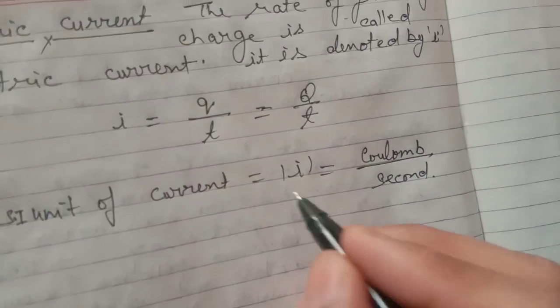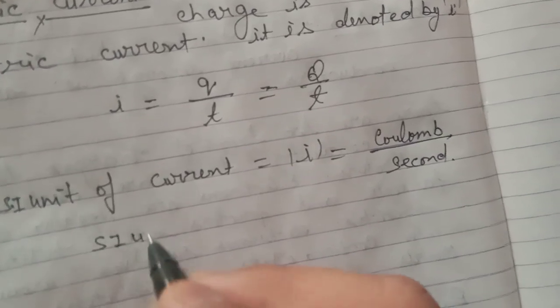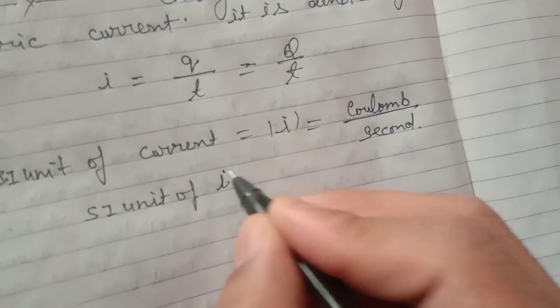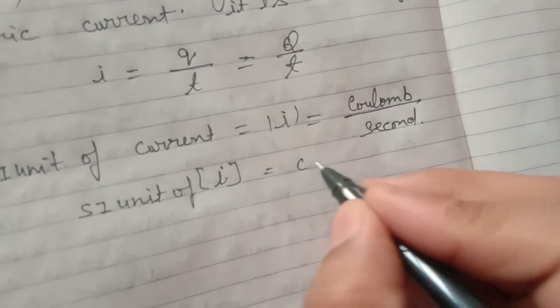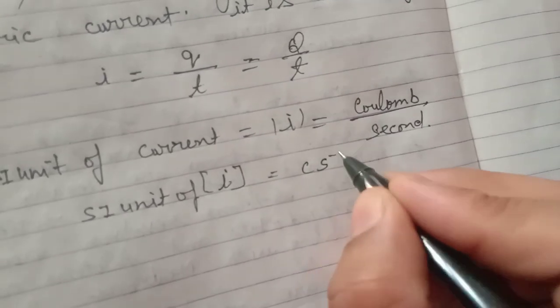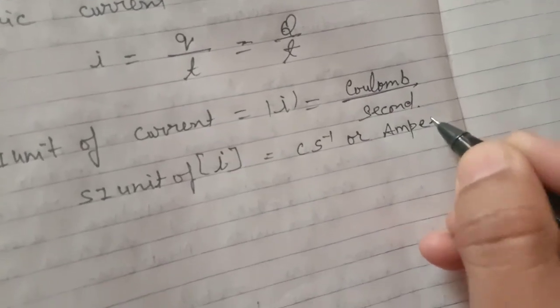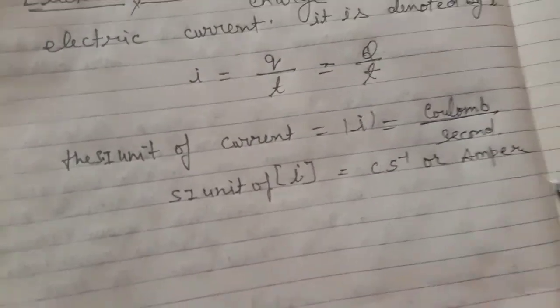So coulomb per second, or ampere. The SI unit of I is coulomb per second or ampere. In short form, ampere can be abbreviated as A.